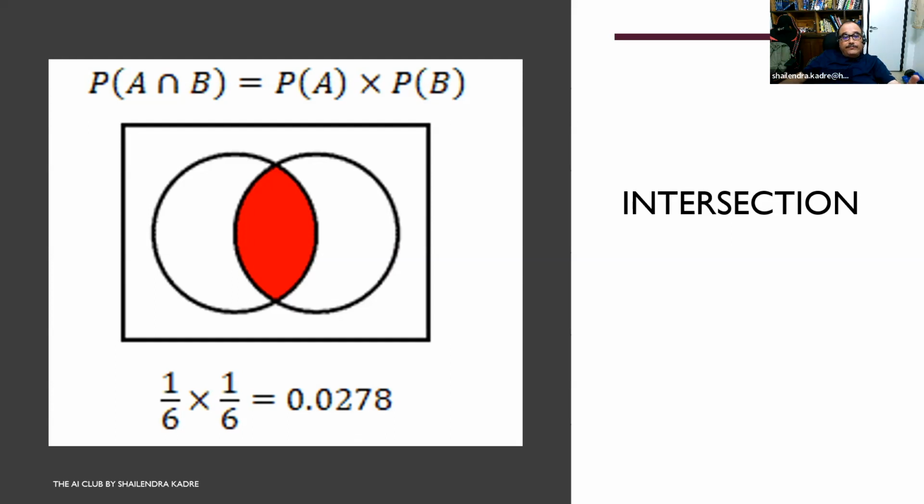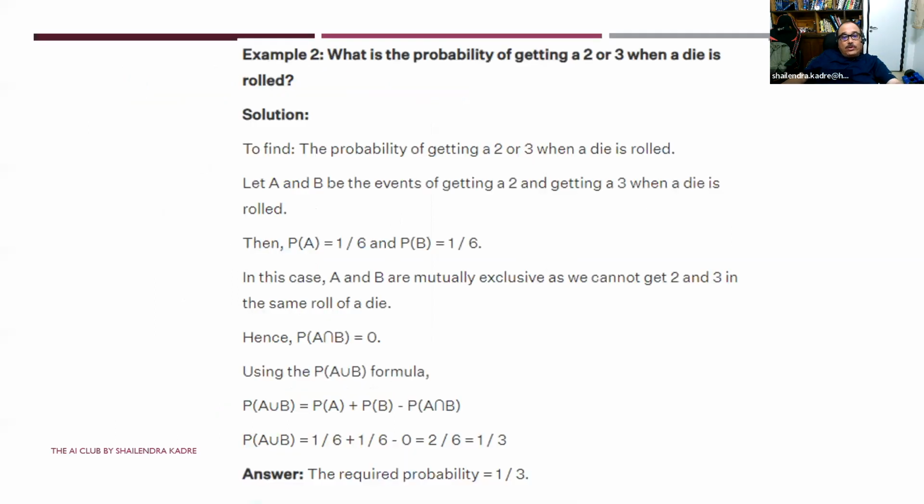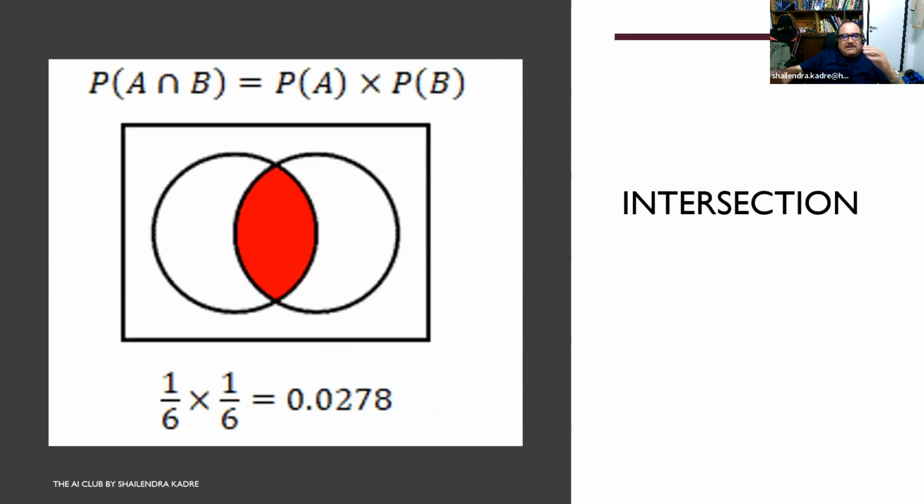So remember, whenever there is a union, P(A) plus P(B) means total probability will increase. And whenever there is an intersection, P(A intersection B) is less than P(A) and it is less than P(B) also. So intersection will always reduce the overall probability.